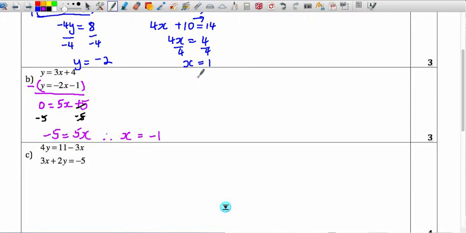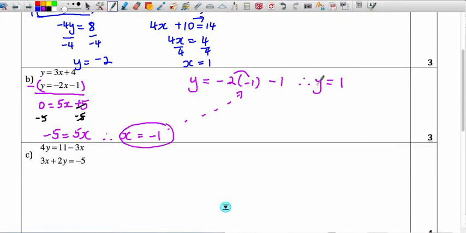This time I'll pick the second equation, y is equal to minus 2 multiplied by x minus 1. We sub in our x value of minus 1, and therefore y is equal to minus 1 multiplied by minus 2 is positive 2, minus 1 leaves us with 1, and we have our x value of minus 1, our y value of 1.